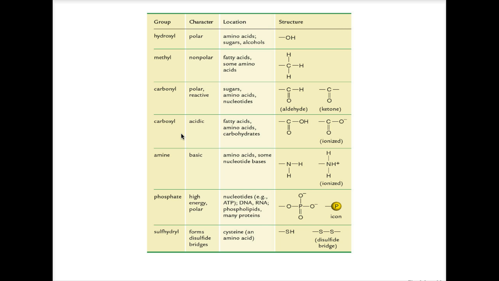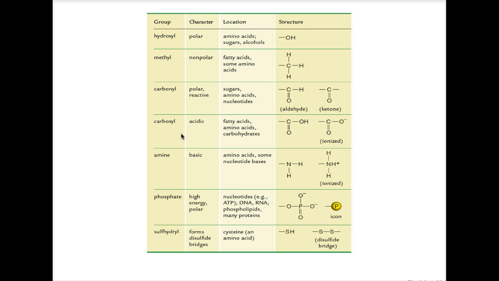The third functional group represented in this chart is the carbonyl group. The carbonyl group is recognized by a carbon double bonded to oxygen. Now, if the carbon double bonded to oxygen is at the end of a molecule, it will also have a hydrogen bound to it. If it is in the middle of the molecule, it will not.